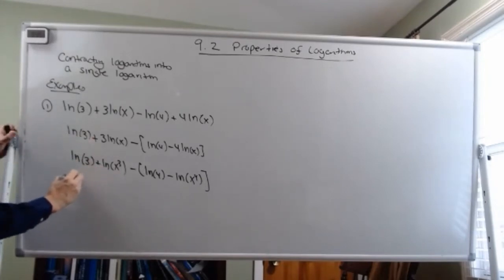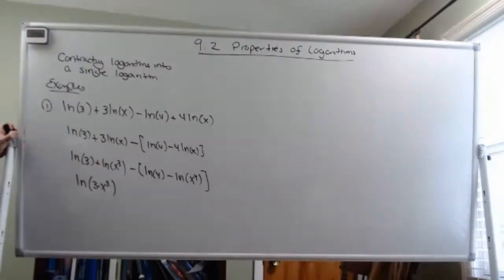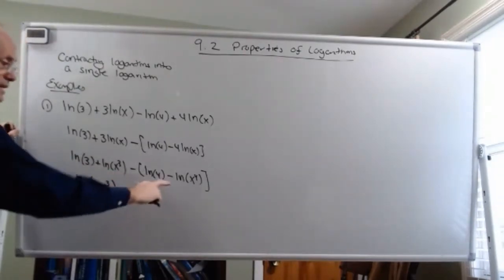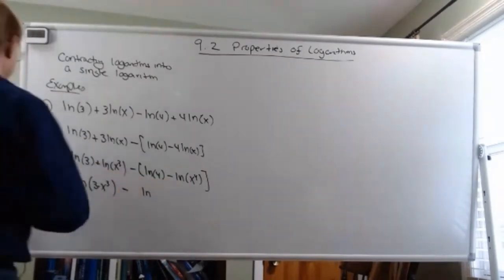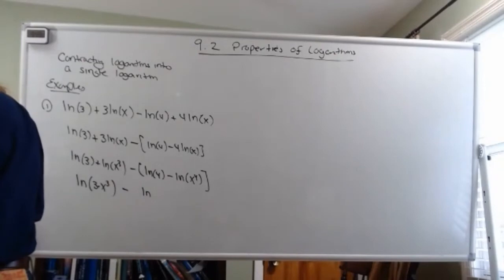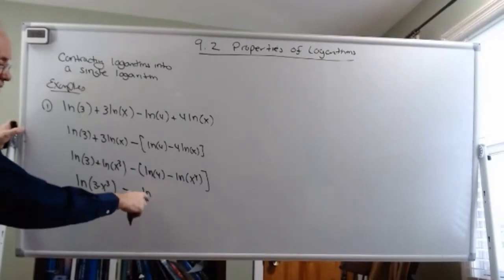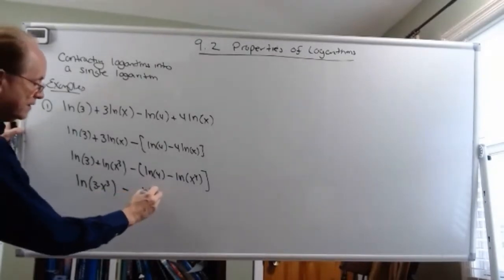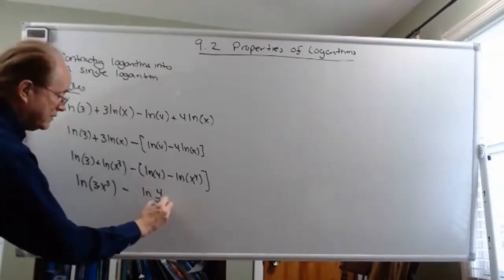So this is equivalent, by essentially the first rule of logarithms, to natural log of 3 times x cubed. That combines that way. Minus, this is a difference. So this combines into the natural log of, in this case, 4 over that. So 4 over x to the 4th.